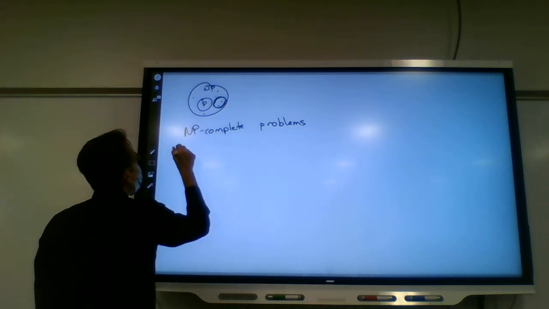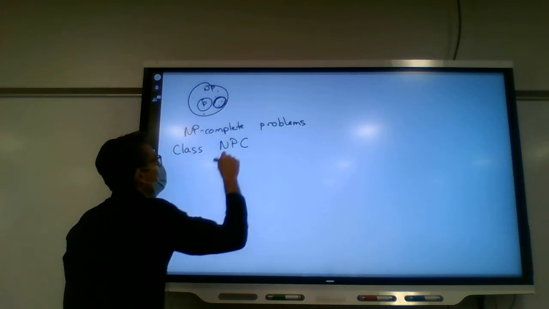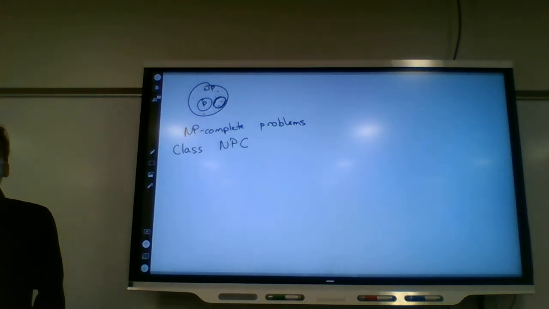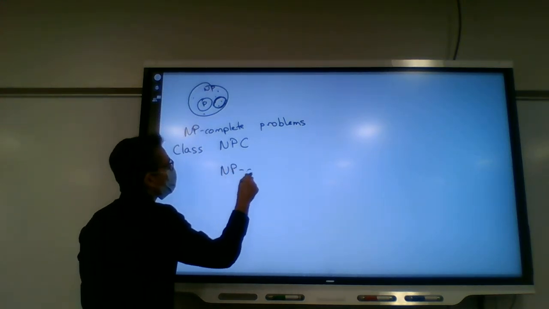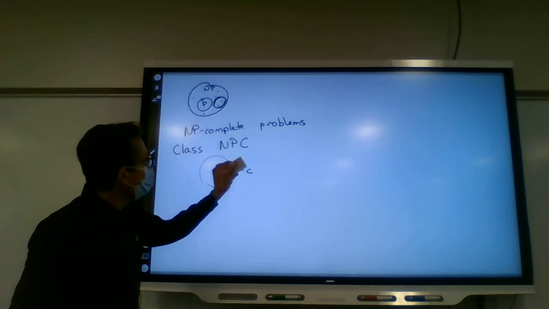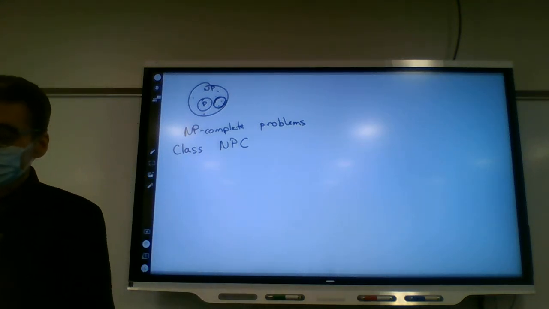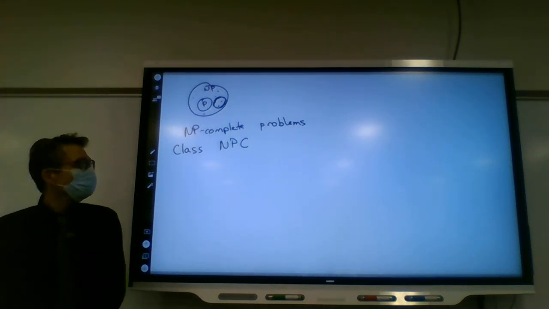Sometimes we see it written like this, class NPC. Sometimes it's written with a lowercase c. For a long time, I got in the habit of writing it like that. So I'll try to be consistent and write NPC like this.